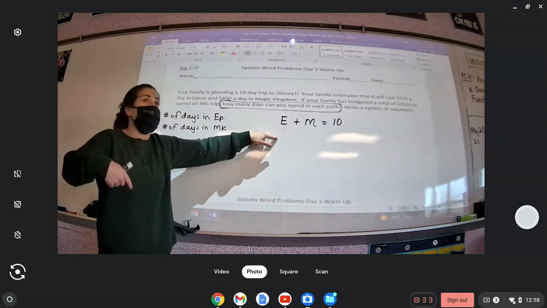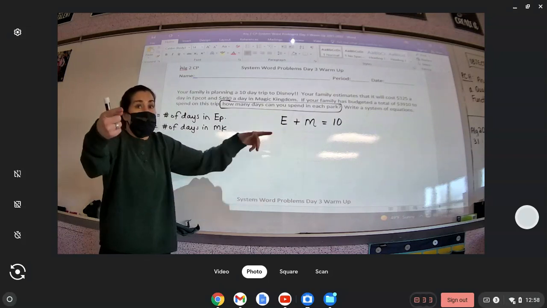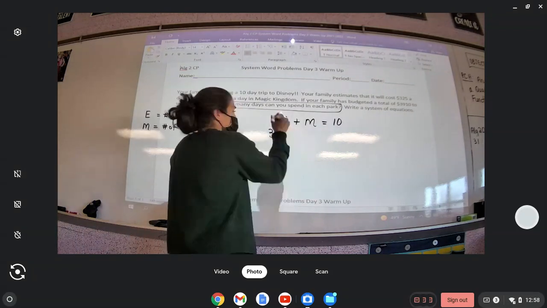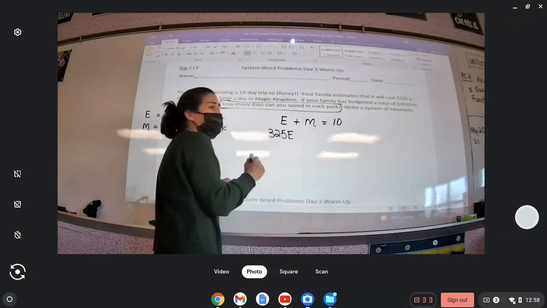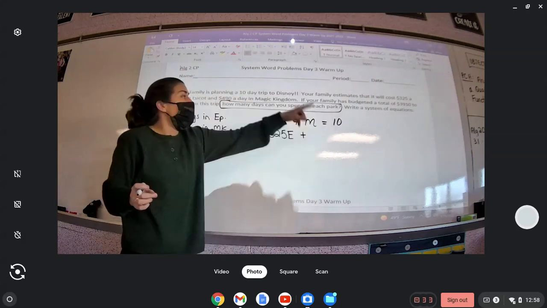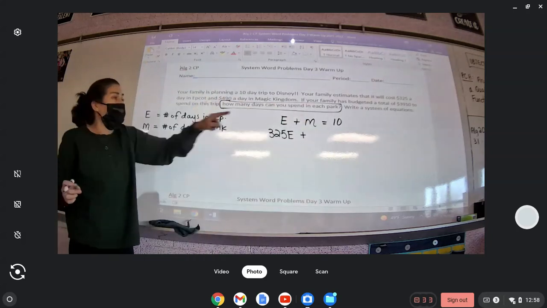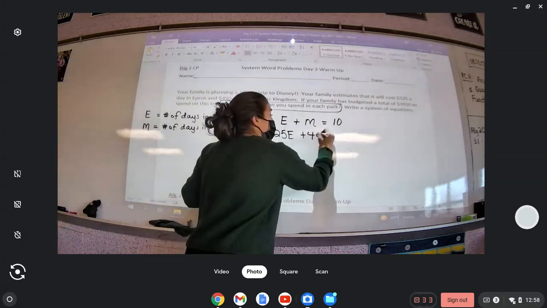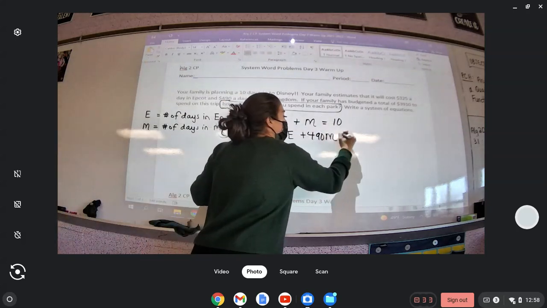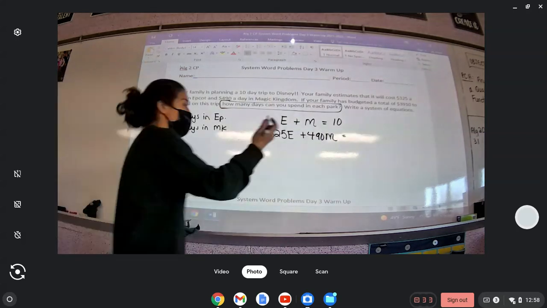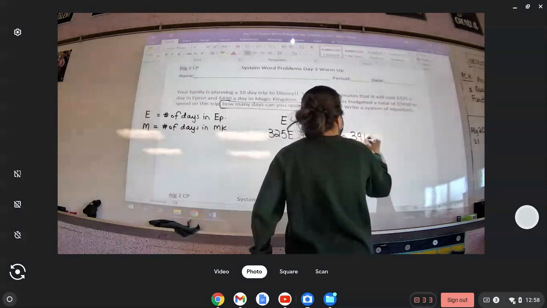So how do I find out how much money you spent in Epcot? 325 per each one of those days, so times E. Plus, if that's the number of days you're going to spend in Magic Kingdom, you're going to spend $490 a day there. So how much money did I spend in Magic Kingdom? 490 times M. And then that better add up to how much total money do you have to spend on this trip? 3,910. Perfect. And you're done.